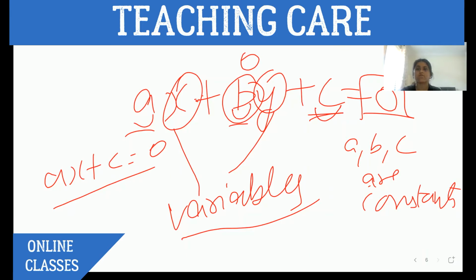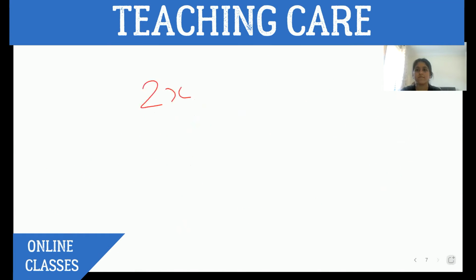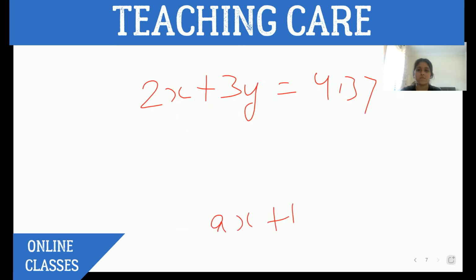Now if I give you any equation like 2x plus 3y is equal to 4.37, and I ask you to convert it into this form, how can you do this? You want me to say a is equal to this?